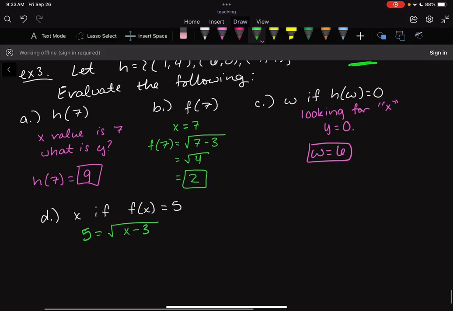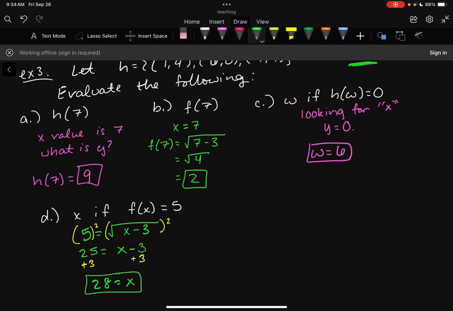So I'm looking for the value of x when the actual function itself, like my y, is equal to 5. So I have to solve this for x. So I'll square both sides. 25 equals x minus 3. Add 3 to both sides. I get x equals 28 for this one.